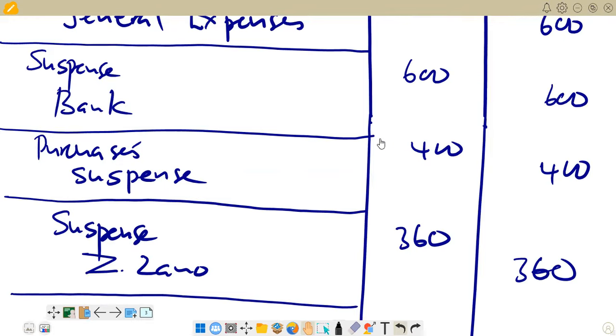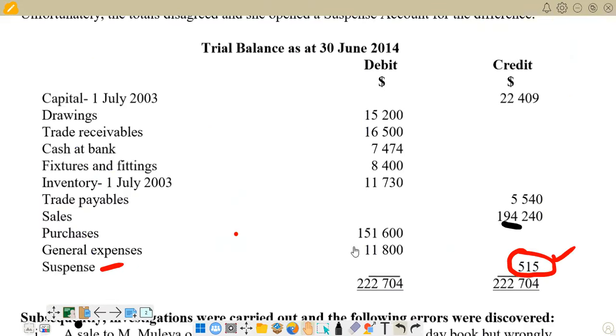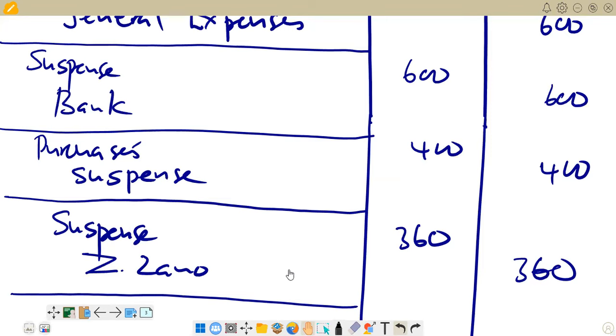So when you debit it, we are adding. So it's a plus 400, the figure that we have of purchases. And if you check the figure for purchases there, it's 151,600, and then we are going to add the 400.